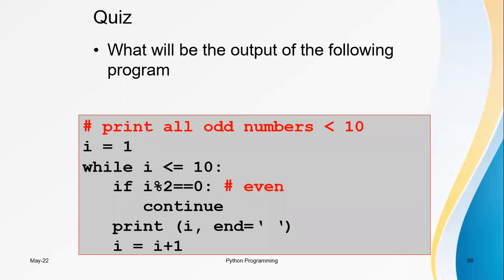So 1 will be printed, 2 will not be printed, 3 will be printed, 4 will not be printed, 5 will be printed, 6 will not be printed, 7 will be printed, right? If you have any questions, you can ask me, my dear friends. Yes, 1, 3, 5, 7, 9. Pratisha, Bhargavi, good. That is the answer for this question.